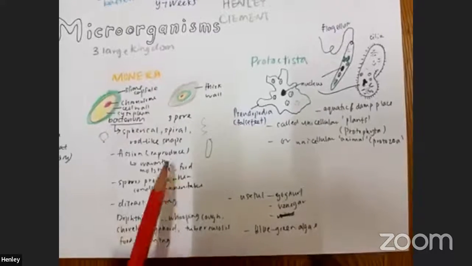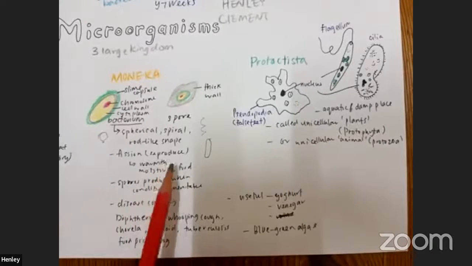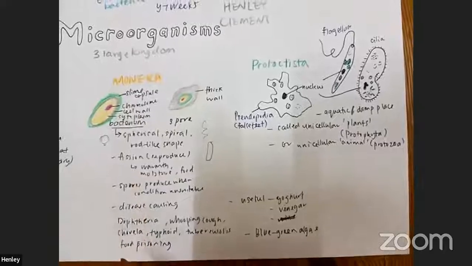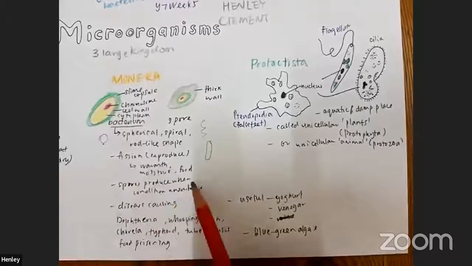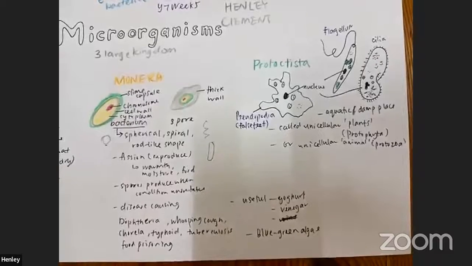The process of bacteria reproducing is called fission. They need some conditions: warmth, moisture, and food are needed for that purpose.